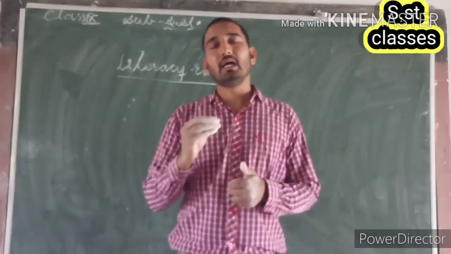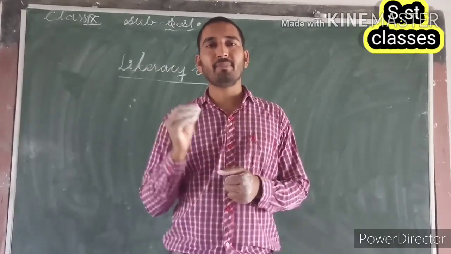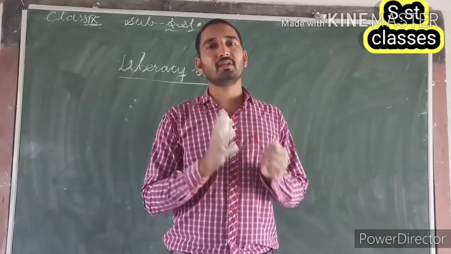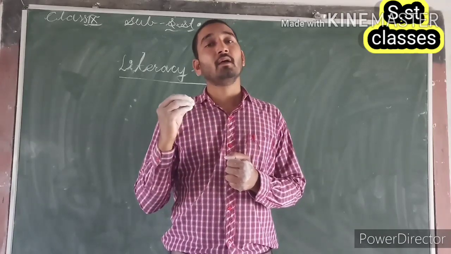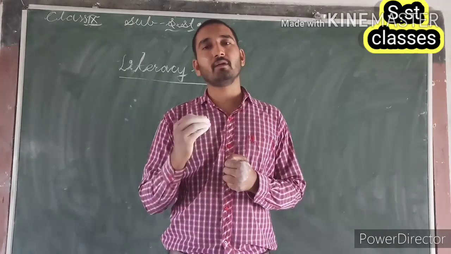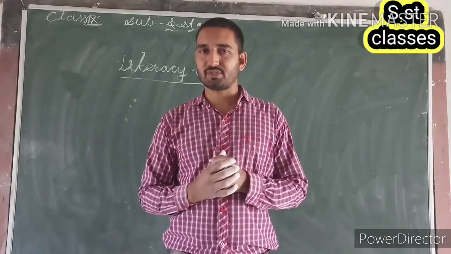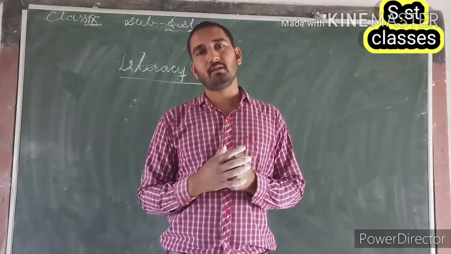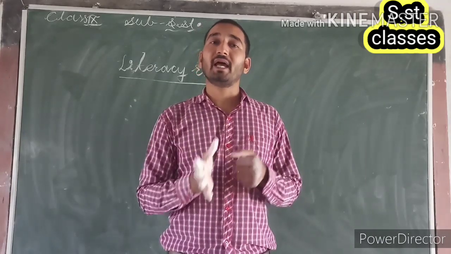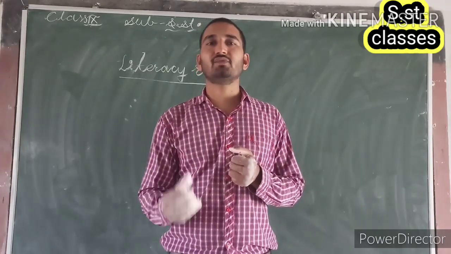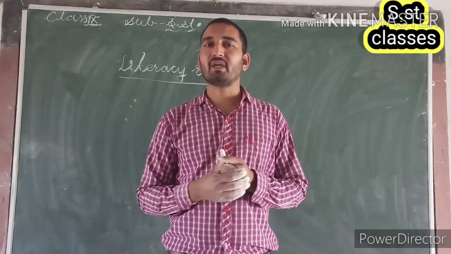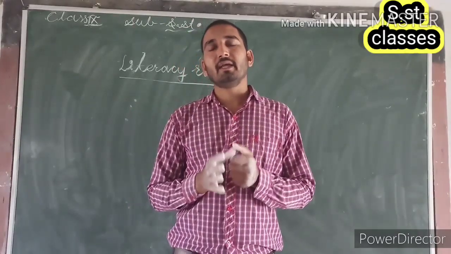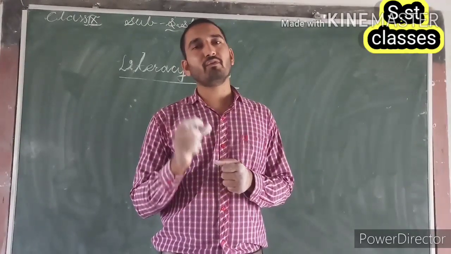A literate person can make the best choice, and along with that he can also undertake research and developmental activities which are beneficial from the economic point of view for a country. Is that clear? So literacy is a very important part which provides active participation of the citizens of a country in the administration, or we can say in the economy of a country.